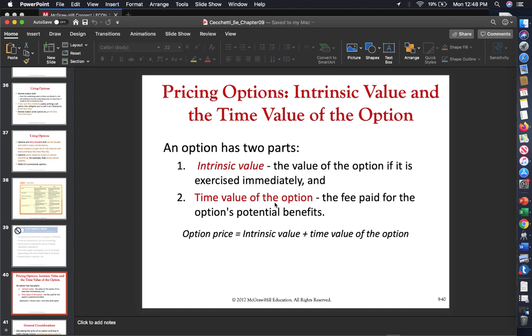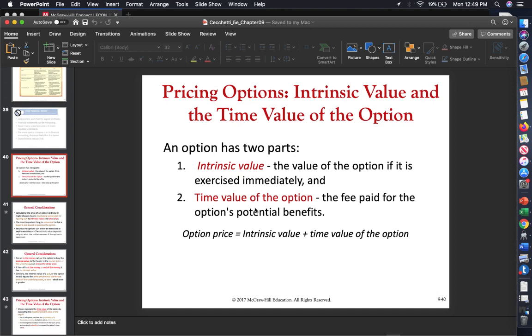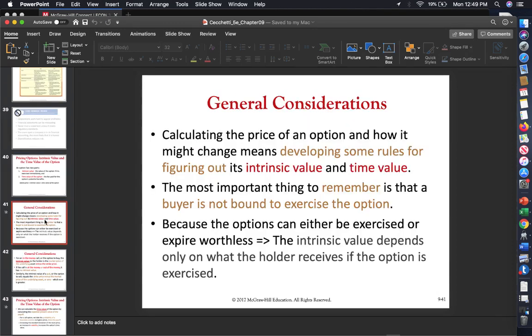The one that expires in 3 months should have a different value than the one that expires in 1 year, because the one for 1 year gives you the right to buy the underlying for the next year at a certain strike price, whereas the one in 3 months gives you that right only for the next 3 months. So that's something that also plays a role, the time value of the option.